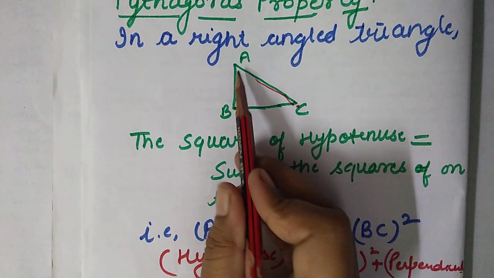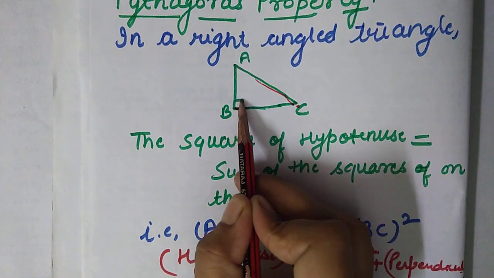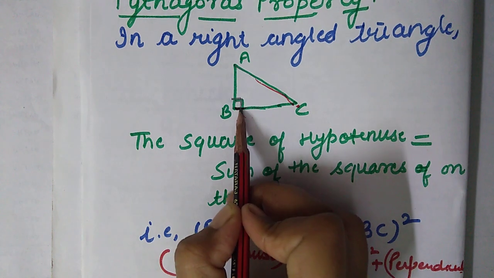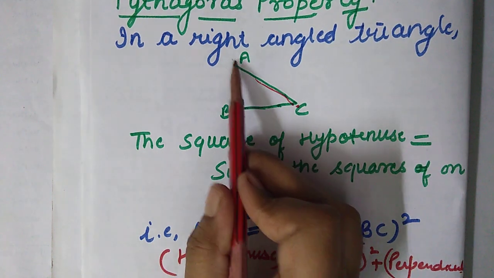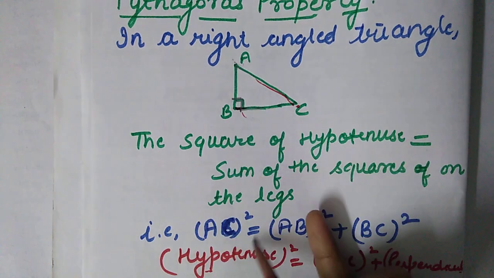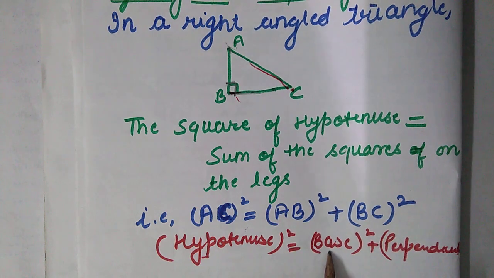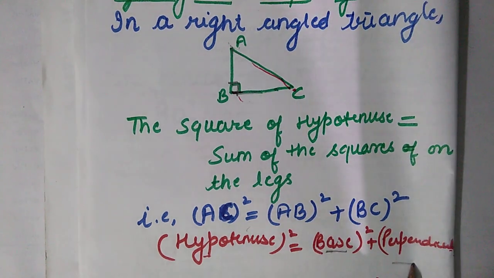So according to the Pythagoras theorem, as this angle is 90 degrees, AC square is equal to BC square plus AB square. Or you can write it as hypotenuse square is equal to base square plus perpendicular square.